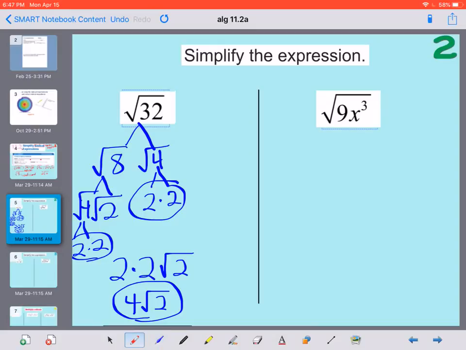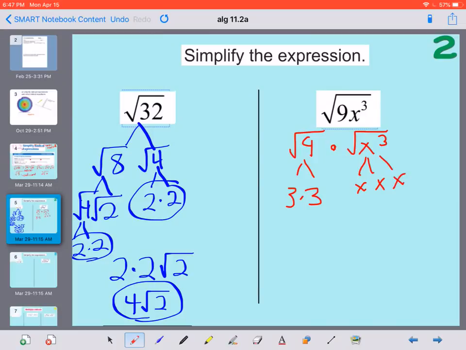Next one, we have a letter and a number in there. I know that this is the square root of 9 times the square root of x cubed. Now I know that the square root of 9 is 3 times 3. X cubed is really just 3 x's.